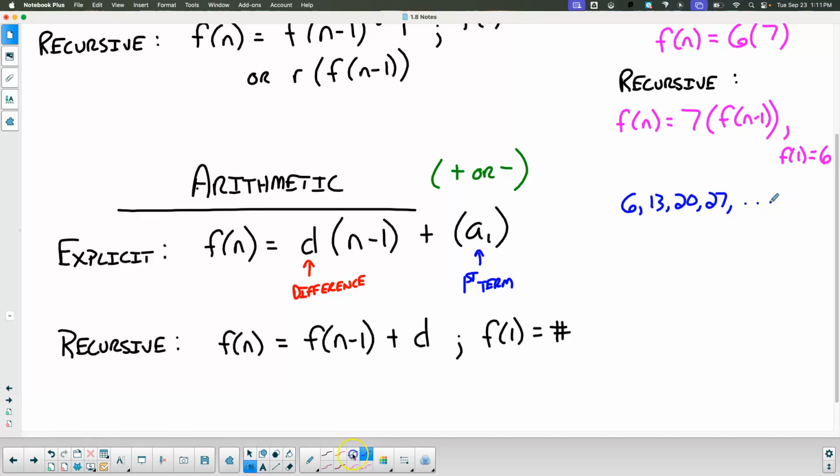Here's our sequence now. Now we are adding 7. So my explicit would be f of n equals 7 times the quantity n minus 1 plus 6.